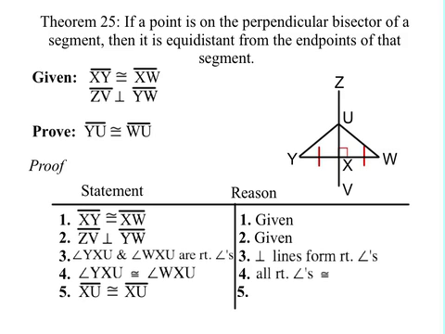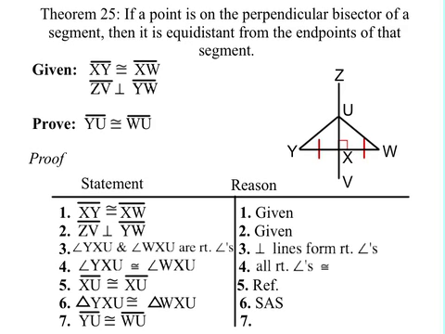And in step 5, XU is congruent to itself. I hope you all remember by now that that's the reflexive property. Now we've got a pair of triangles congruent by side angle side. And because that pair of triangles is congruent, we now know that YU is congruent to WU by corresponding parts of congruent triangles congruent, and therefore we've proven this theorem.